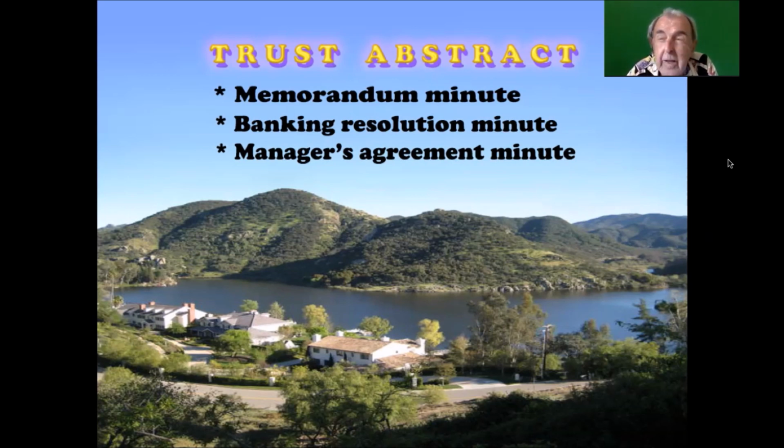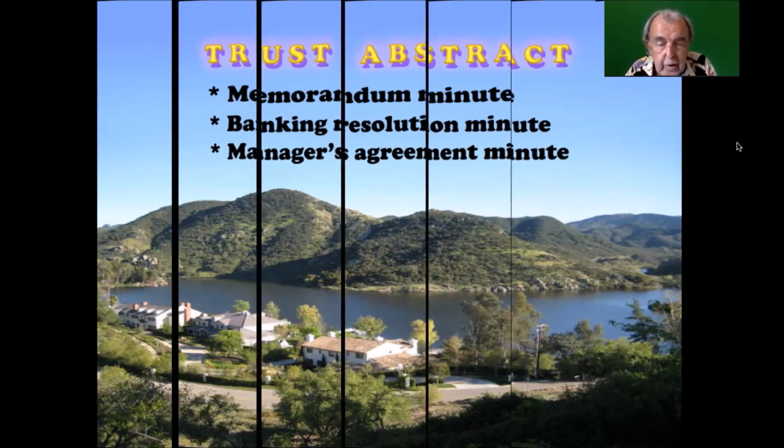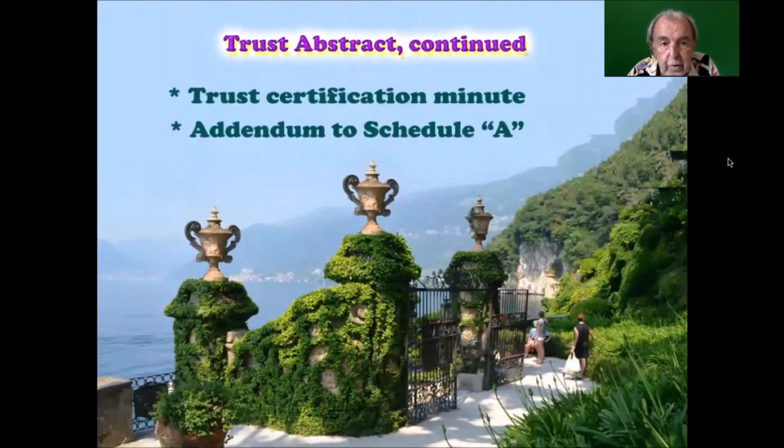Now, what I haven't done, I think we did a seminar on the minutes, and the minutes is the secondary flexible part of the abstract. And the minutes are definitely a private affair with the trust. So if you do go to the bank, you would take the minutes out, or you would clip the minutes together, and you would say, Mr. Banker, you can look at all of this trust document, but I would ask you not to peer into the minutes.